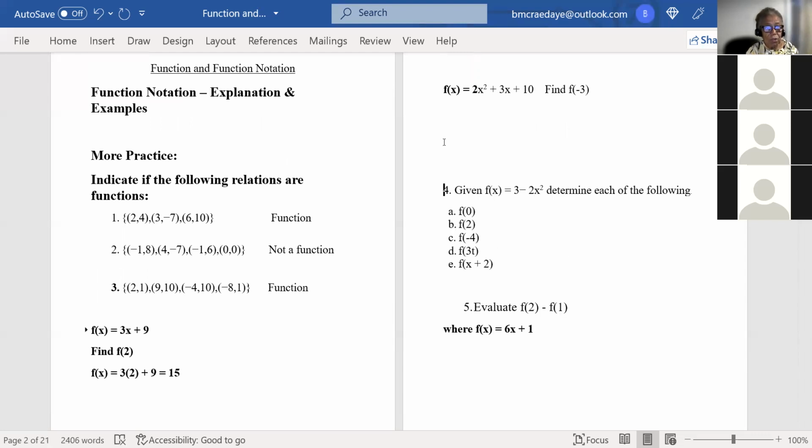So Audrey, find f of -3. That means you'll copy this and substitute -3 wherever you see an x. I'm substituting a -3. So you're going to put a -3 here, right?